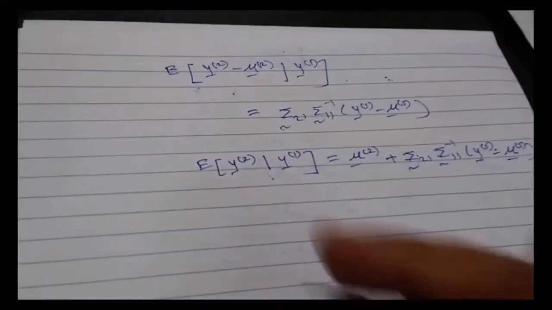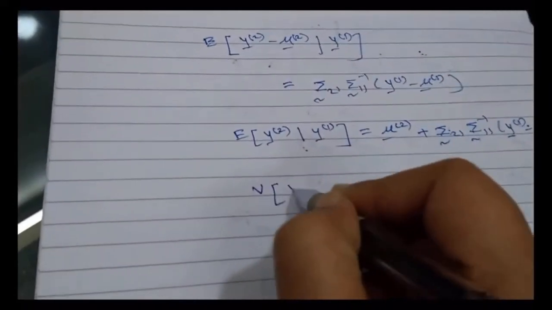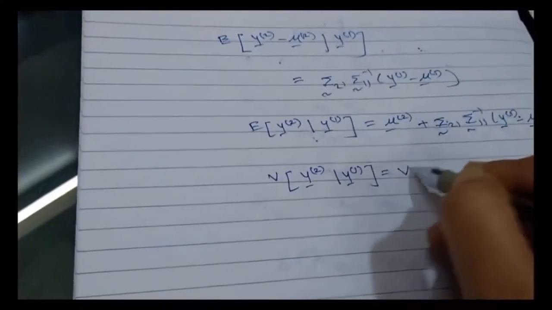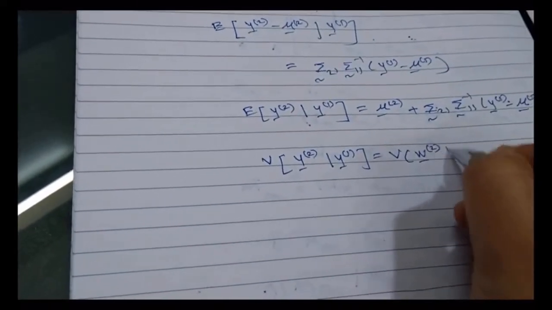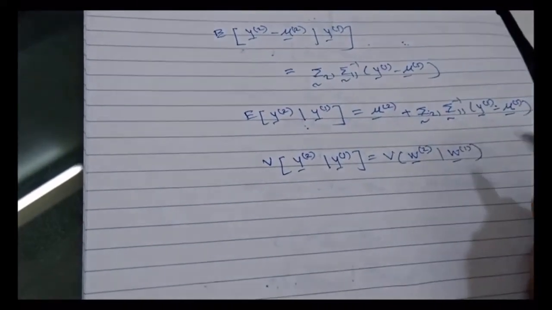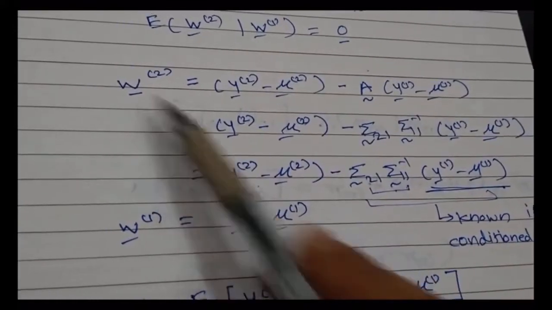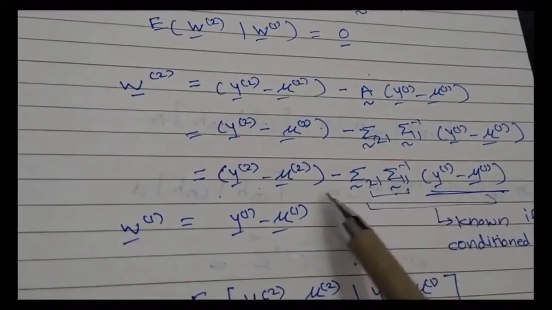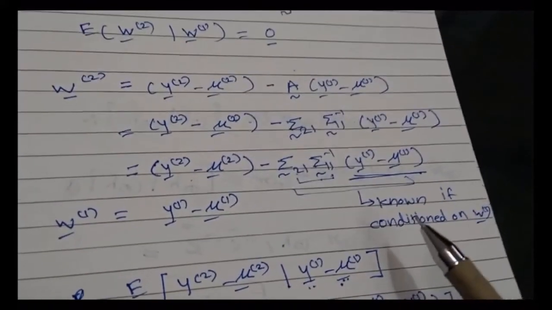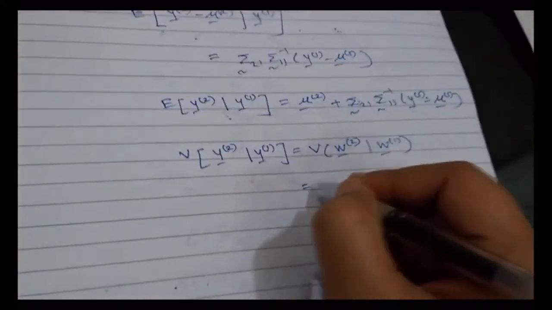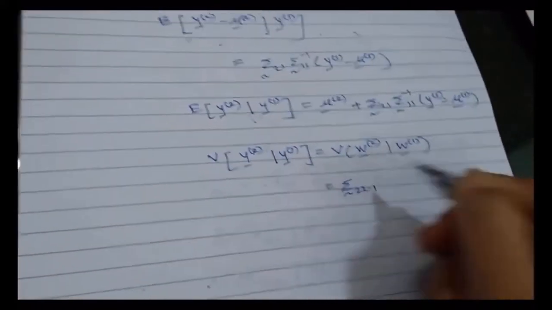Okay, this is the expectation, and variance of y2 given y1 will actually be the same as variance of W2 given W1. Why? Because the difference between W2 and Y2 is just these terms, which are constant or known if we are conditioning. Therefore variance of Y2 given Y1 is the same as variance of W2 given W1, which is sigma 22.1.